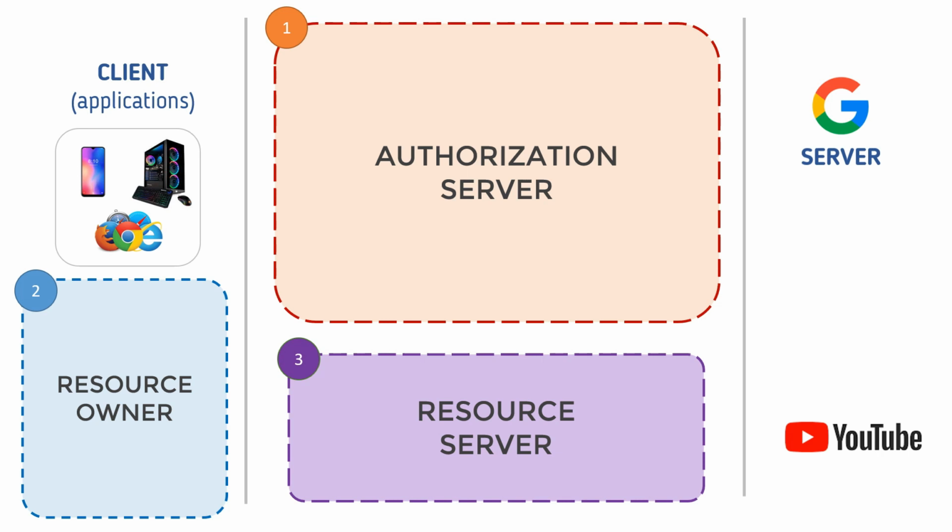But once it is a single company, with Google login, you can access your videos or details from the YouTube server. So this is what we mean by two different servers. You can set up authorization with the Google server, and the user authorizes it. Then you can use that access token, and you can get the information from a resource server, which is nothing but your YouTube. In most cases you will not feel any difference, but this is just for your understanding that there are three entities at play.